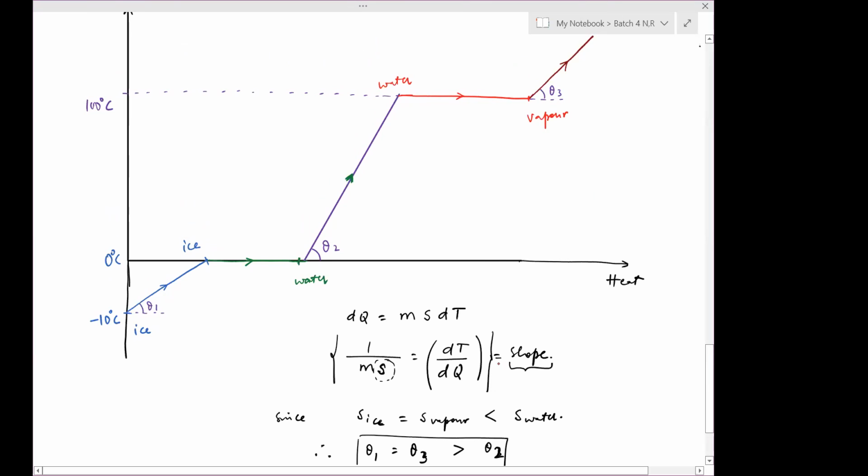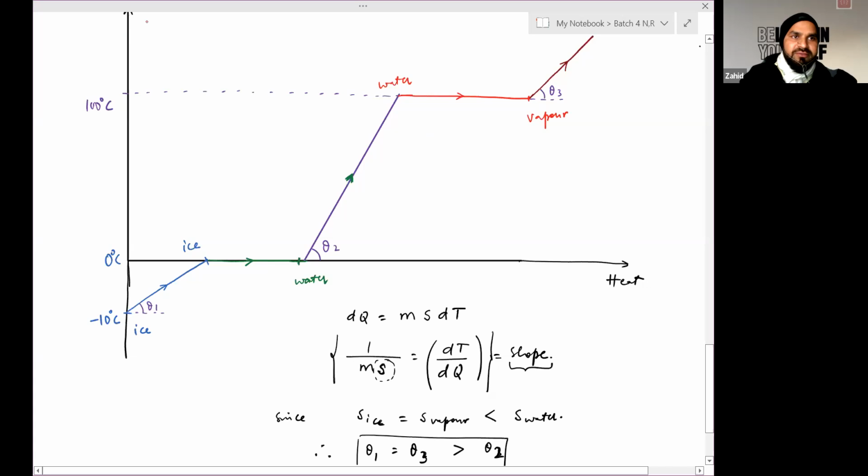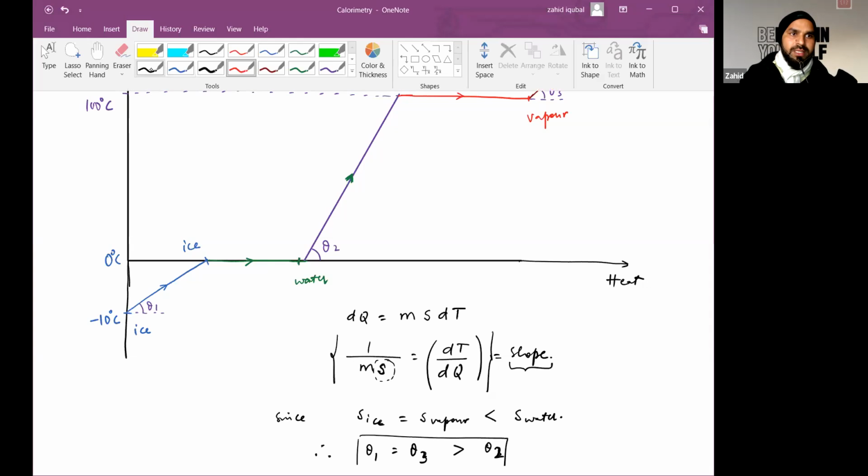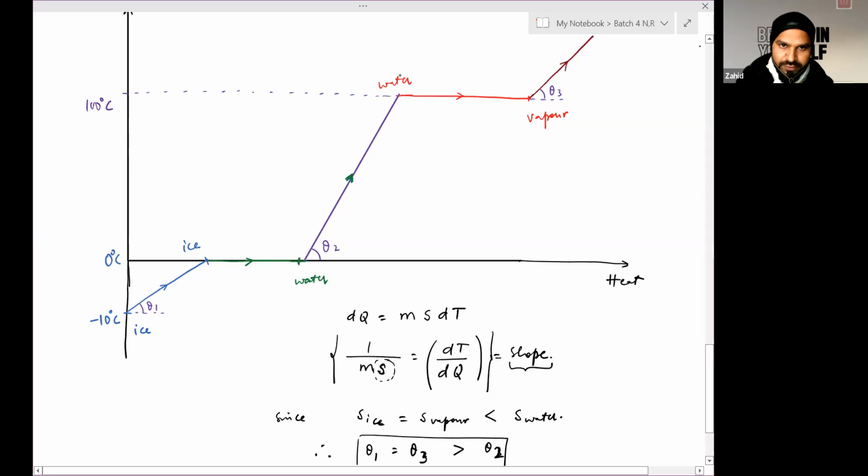Ice. So according to this graph, we may define these two terms as well. Suppose if you draw a vertical line, just see which among these two terms has more amount of heat, vapor or water.